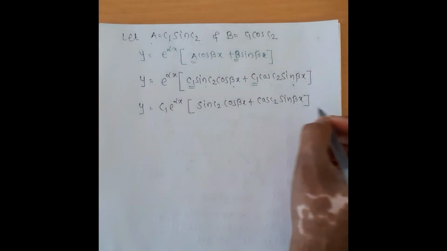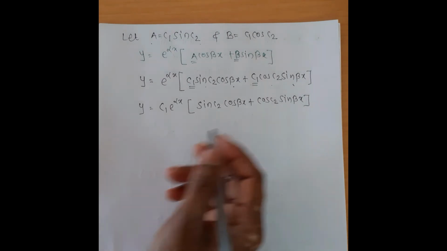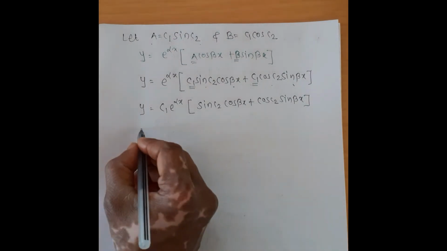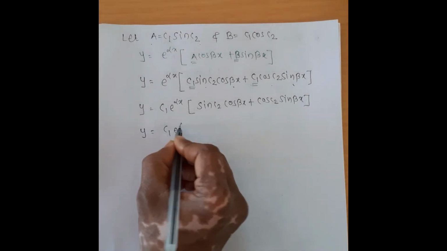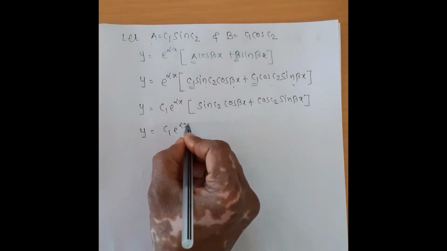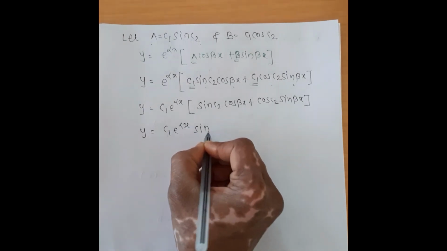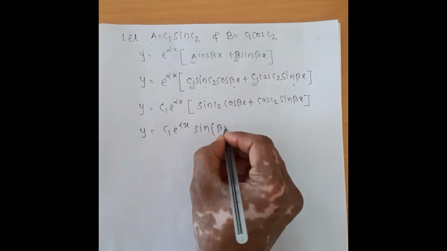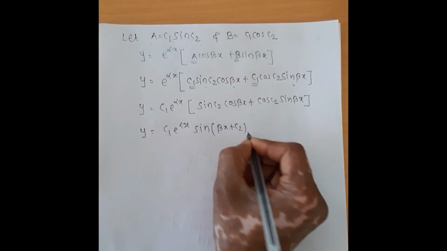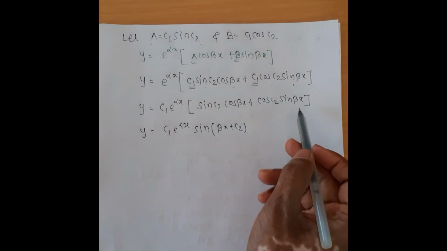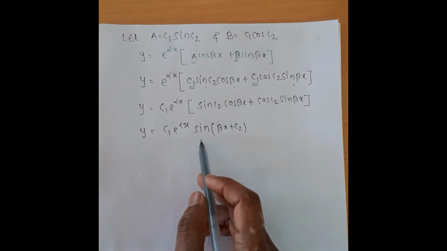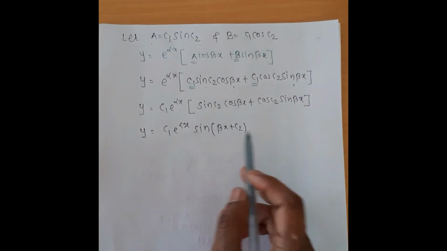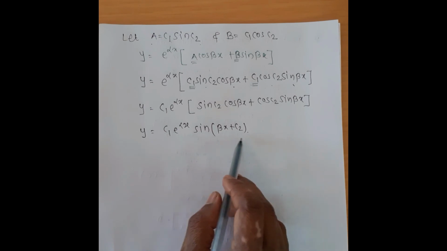This is the formula of sin A plus B, or we again modify this. So y is equal to C1 e raised to alpha x sin of beta x plus C2. Okay, it means if we rearrange this equation, then we get such types of equations, or sin C2 plus beta x. In plus there is no matter.